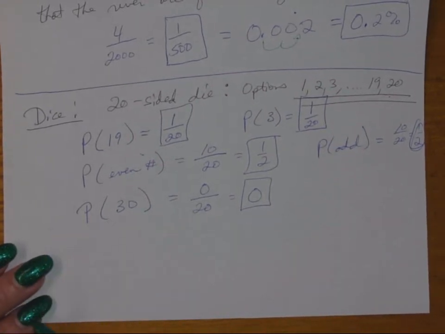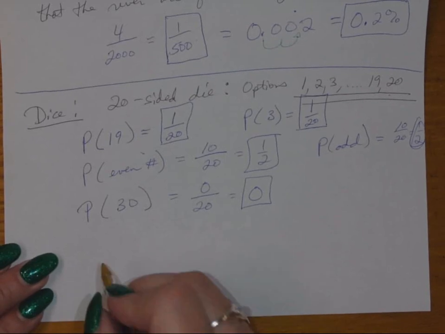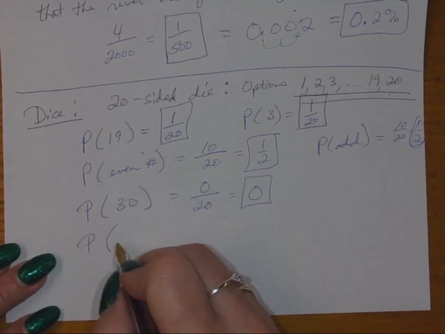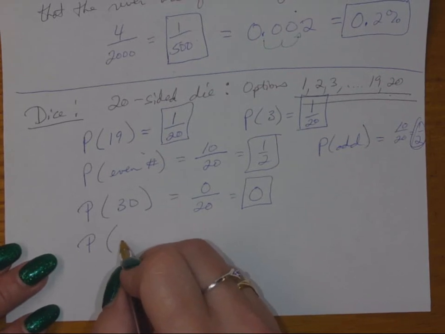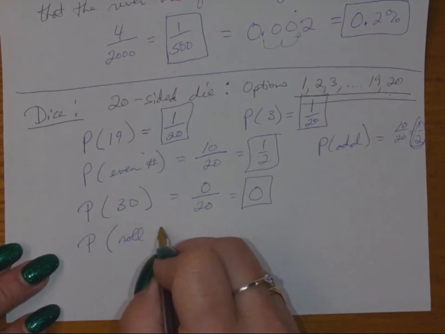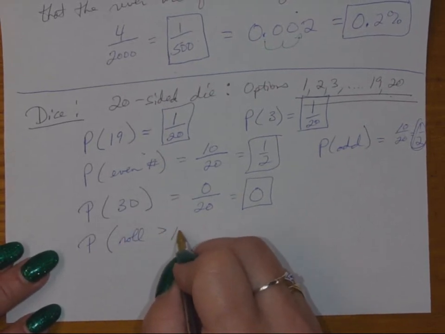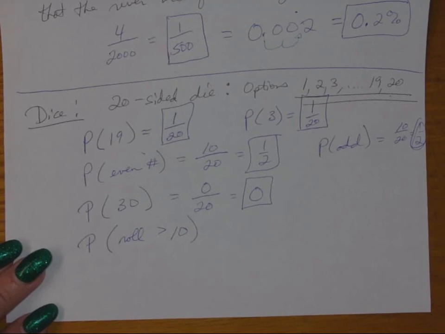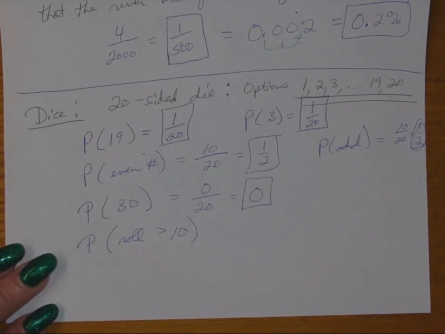Okay, what about this? What's the probability that my roll is greater than 10? Oh, that's weird because it's not a particular answer again. So let's see, that's 11, 12, 13, 14, 15, 16, 17, 18, 19, 20, right?